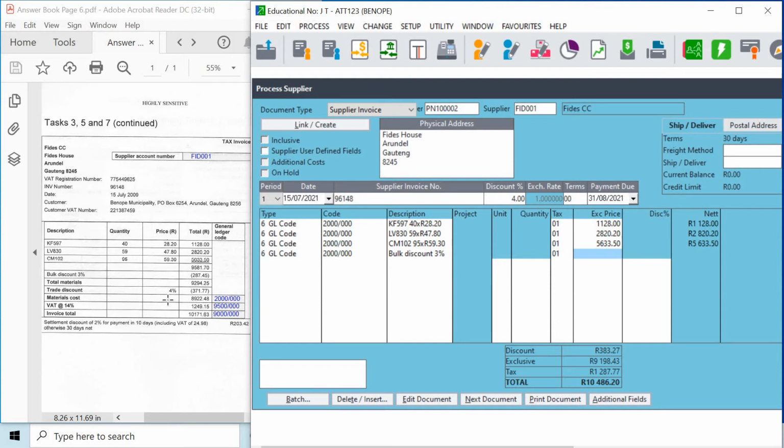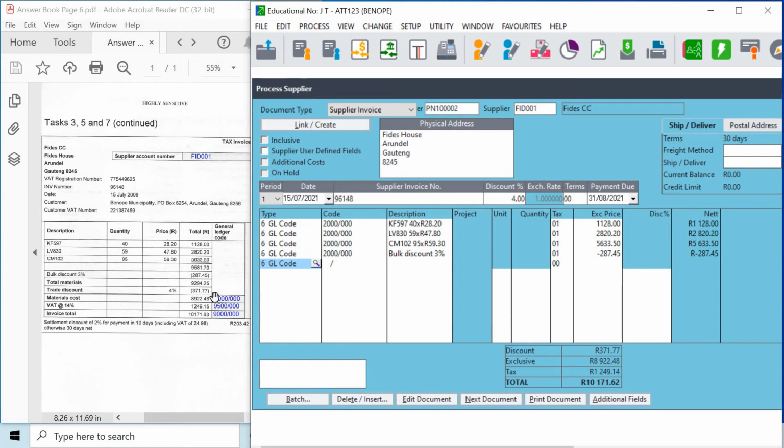And under price we put minus and the discount amount of 287.45. With a minus because this is an invoice, not a credit note. So we need a discount on our invoice of minus 287.45.